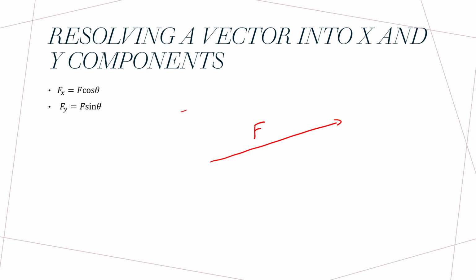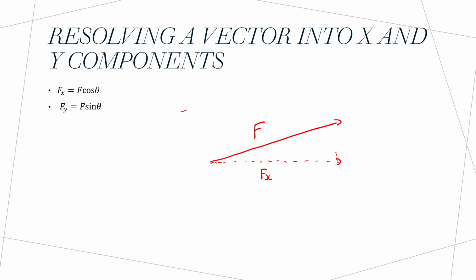We can break this up into x components and y components. So if I put a line that goes directly east from the base of that vector, that essentially would be the x component of the vector, Fx. In other words, if I have a vector that is going in a northeasterly direction, the Fx component of that vector will just show all of the force that's being pushed towards the east.